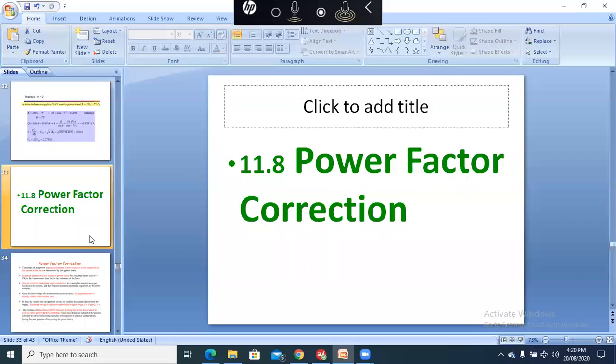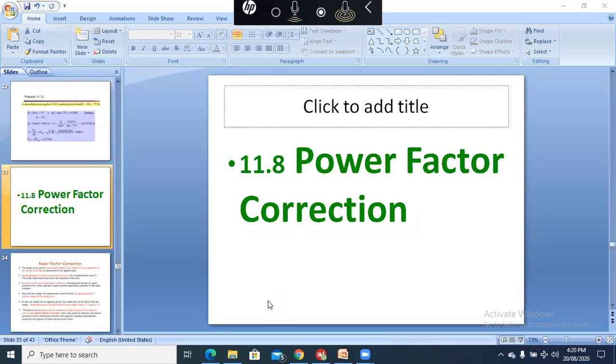So if the power factor is lower, the power drawn from the network is higher.